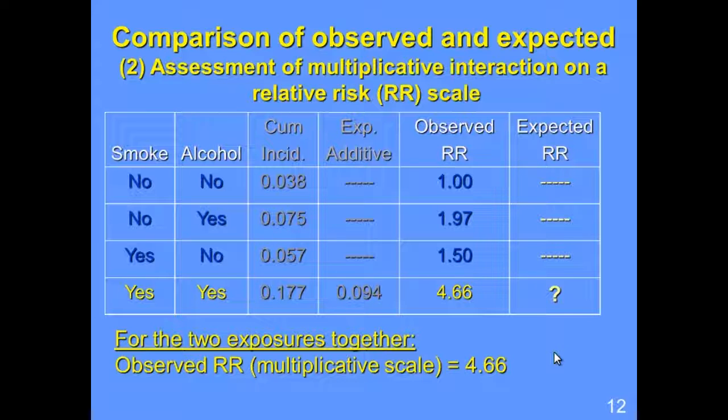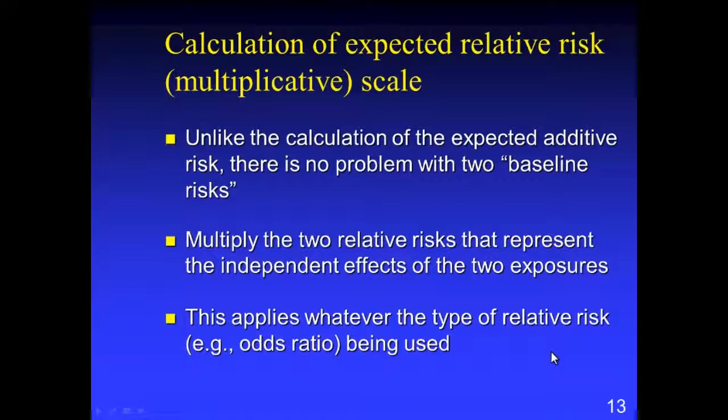So it's fairly straightforward. We multiply this value for the alcohol consuming non-smokers by the value for smoking non-alcohol consumers. So we just multiply these 2 relative risks together, and that will give us our expected value. You might ask the question, what about the baseline risks? Well, there is no problem with them.